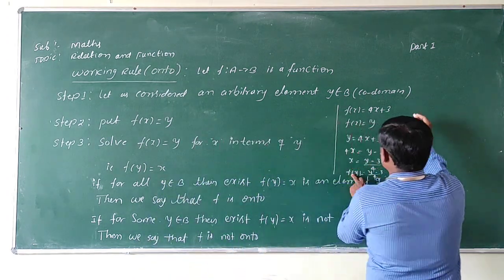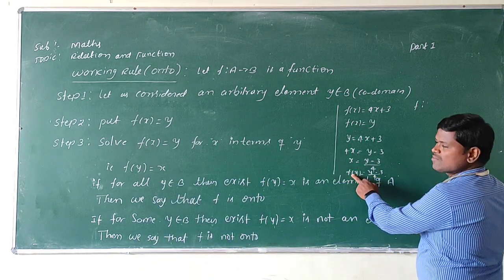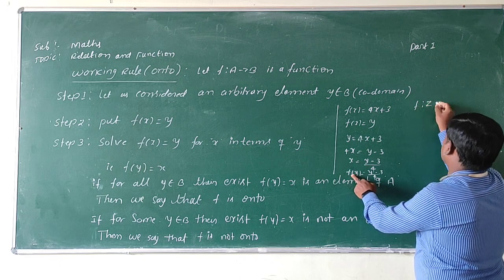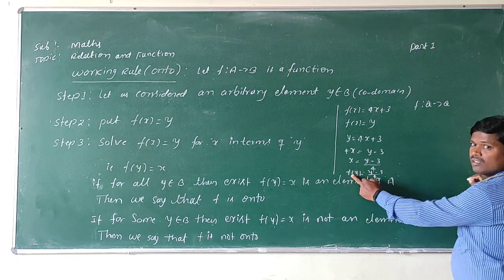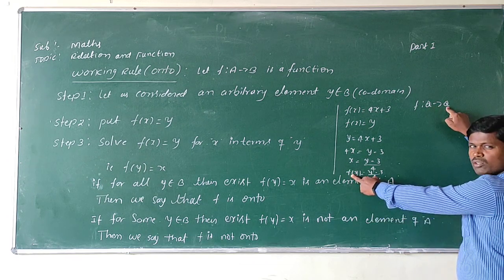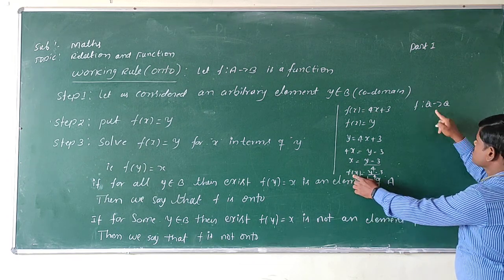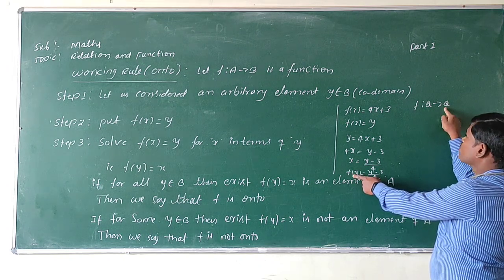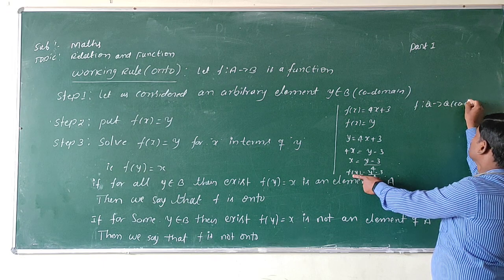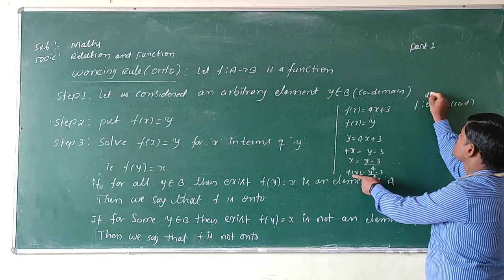Suppose here f is a mapping from Q to Q, the set of all rational numbers to rational numbers. This is the codomain and this is the domain.